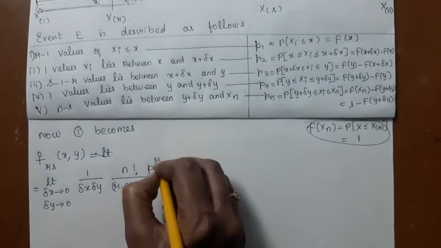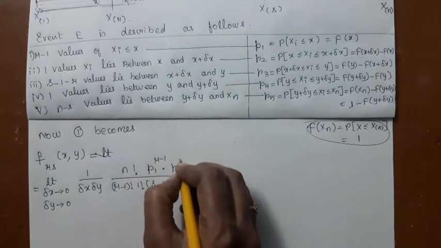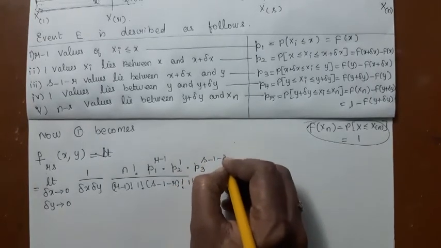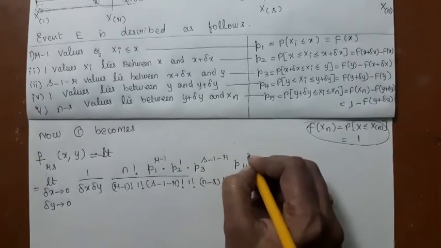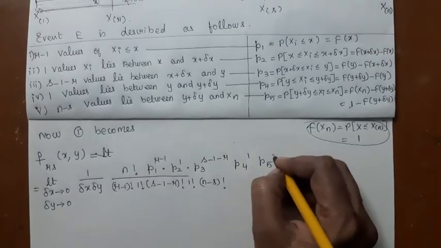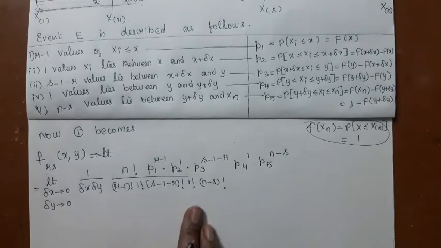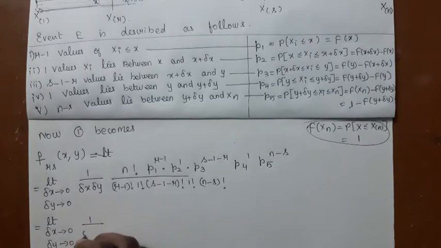P1 power r minus 1 into P2 power 1 into P3 power s minus 1 minus r into P4 power 1 into P5 power n minus s. This is the probability function of multinomial distribution. Right, let me substitute. I know what are the values of P1, P2, P3, P4 and P5.